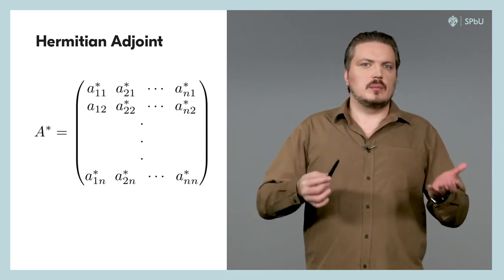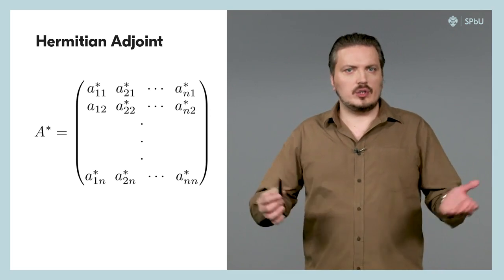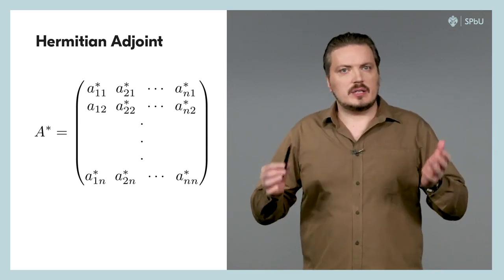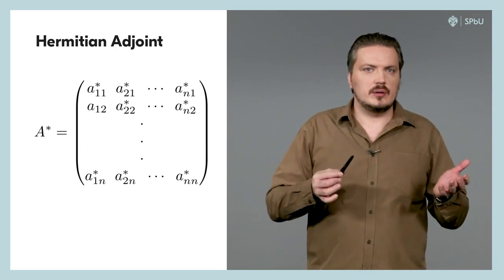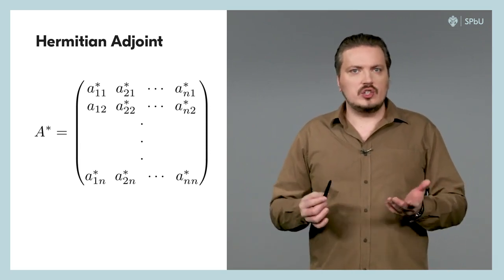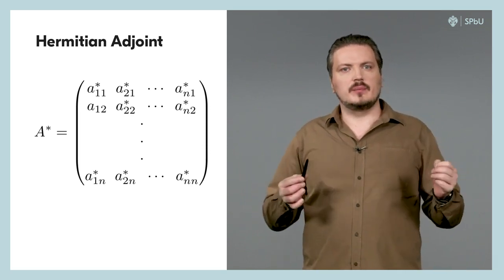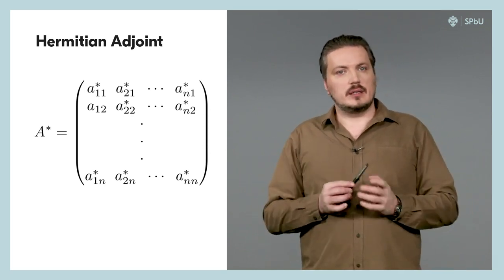Its rows become columns with conjugated components. So for any matrix A, its adjoint, matrix A star, is just the transposed matrix A with its components conjugated. It is as simple as that.